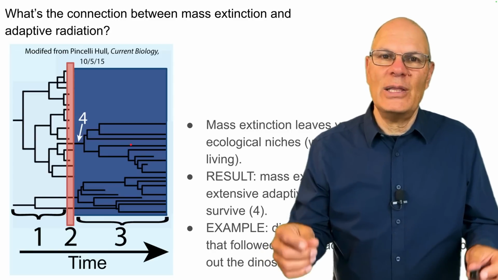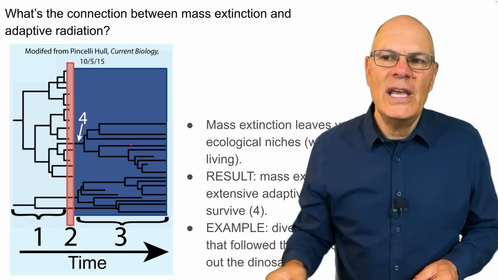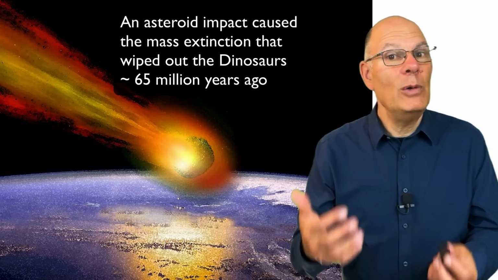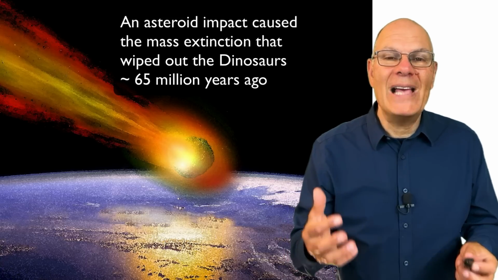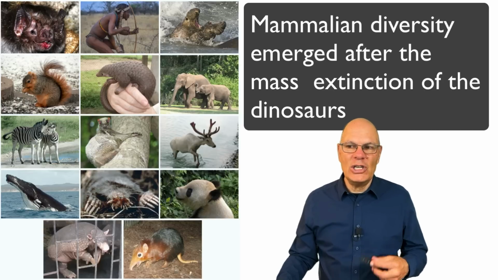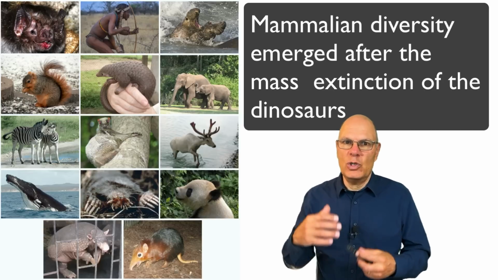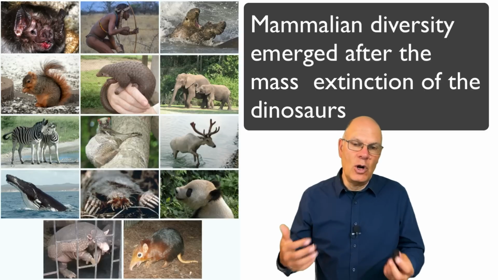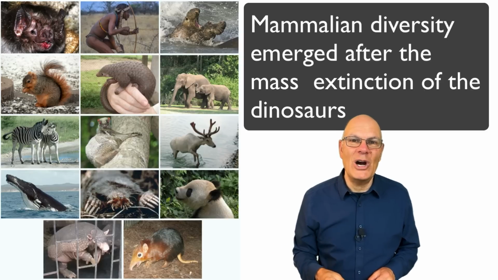And again, just to connect this to our own lives, if that mass extinction 65 million years ago hadn't happened, we wouldn't be here talking about mass extinctions. It's because our ancestors made it through that mass extinction and then radiated to produce the whales, the hippopotamuses, the primates, the rodents, and our group is the primates, and here we are.